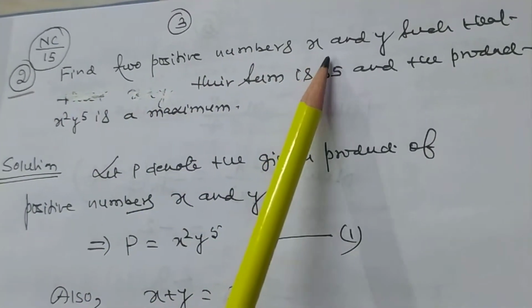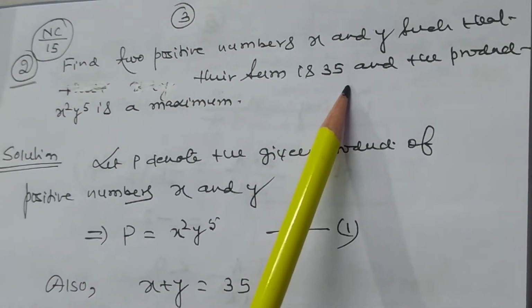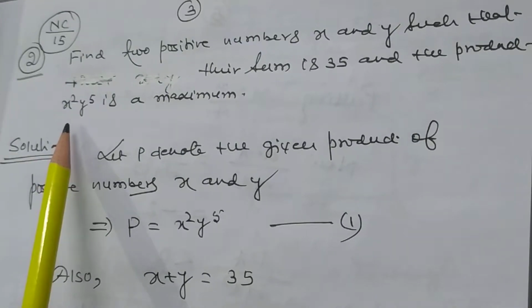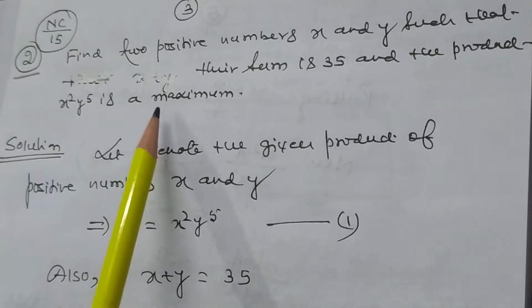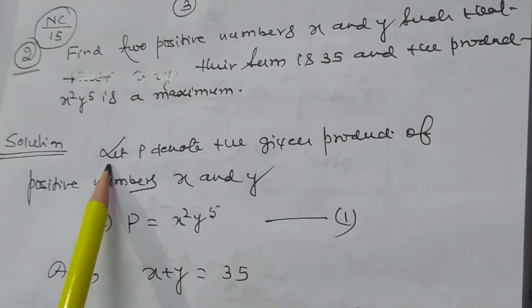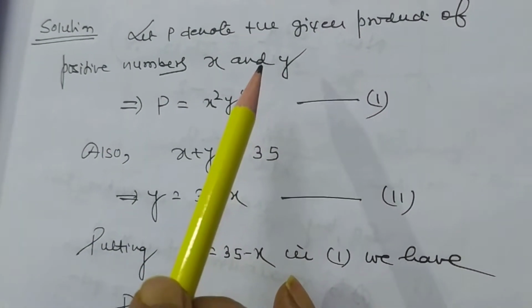Find two positive numbers x and y such that their sum is 35 and the product x square y to the power 5 is a maximum. Now, let P denote the given product of positive numbers x and y.